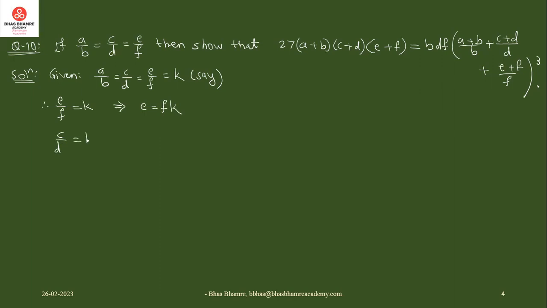C upon D is equal to K, we get C is equal to DK. And A upon B is equal to K. That implies A is equal to BK.